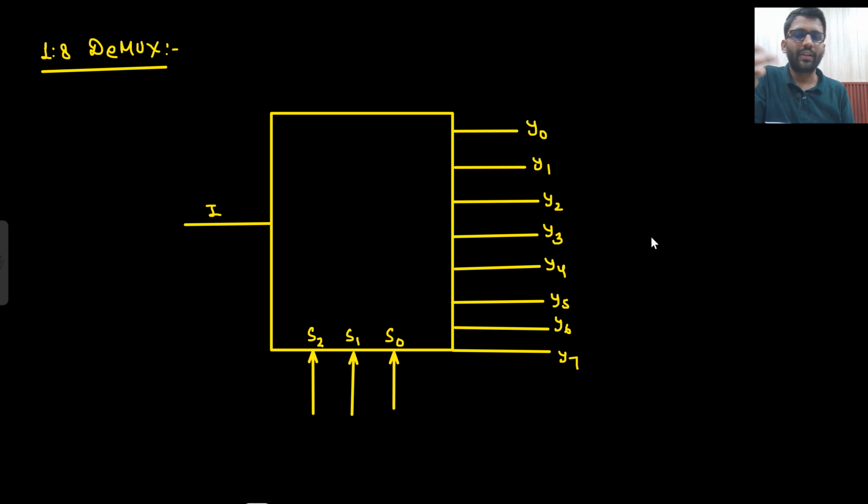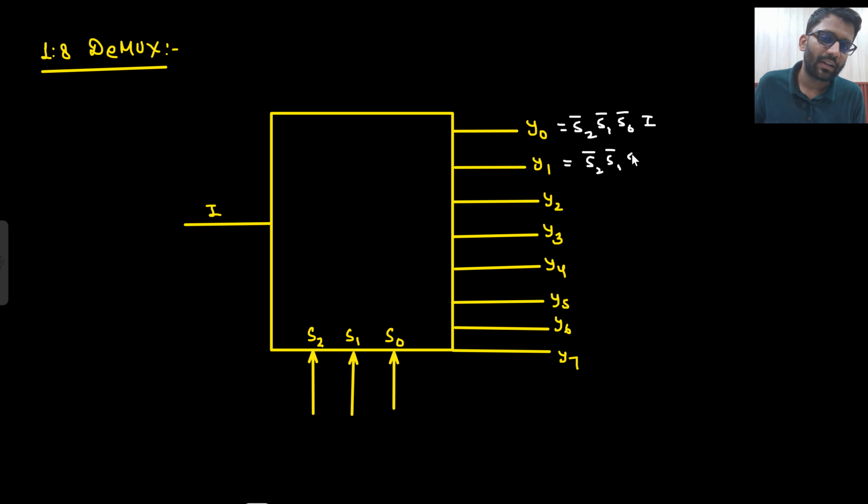Similarly for 1:8 demux, let's start from S2 only because S2 is the MSB. So if S2 is not there, S1 is not there and S0 is not there, then my information will be transferred. If S2 is not there, S1 is not there and S0 is there, then my information will be transferred.